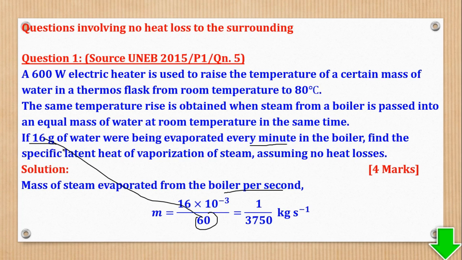Also, we want the mass to be in kilograms. Therefore, to convert grams to kilograms, we multiply by 10 to the power negative 3. That is why you see 16 times 10 to the power negative 3 to convert grams to kilograms, then divide by 60 to convert per minute to per second. That is why you see here the SI unit is kilogram per second.